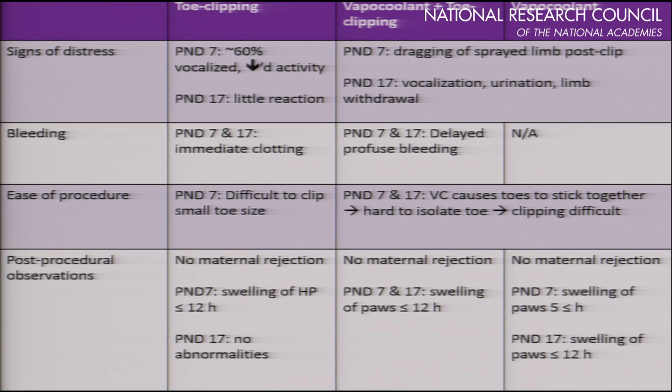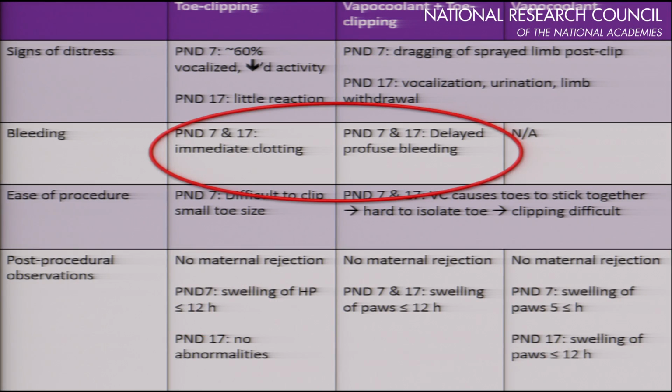So if we want to look at some other characteristics over this time period, the other thing we observed is anytime the vapor coolant was used, there was significant bleeding, probably related to vasodilatation as a response to cooling, whereas in either case, either age, at 7 or 17, there was none.